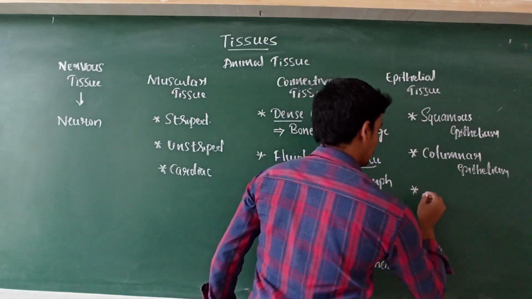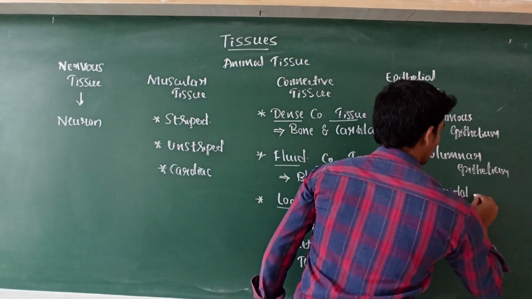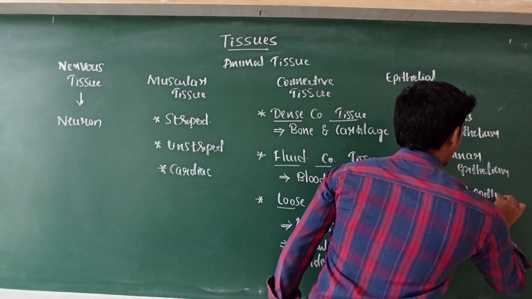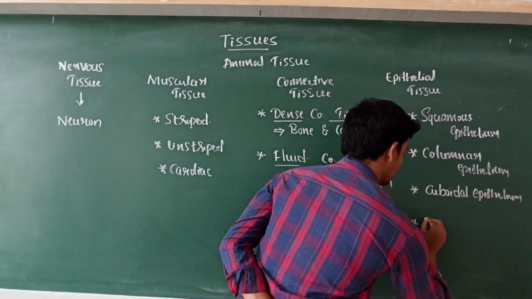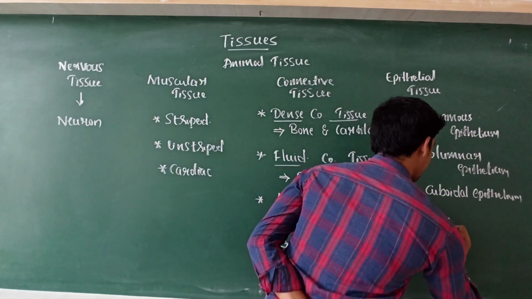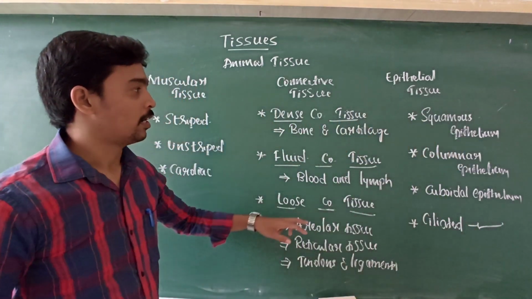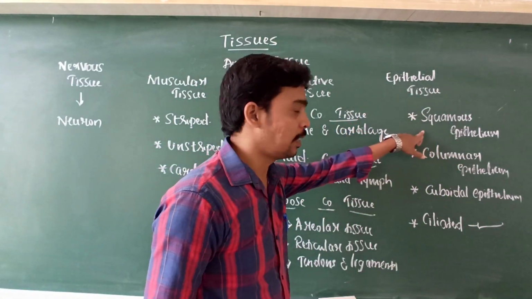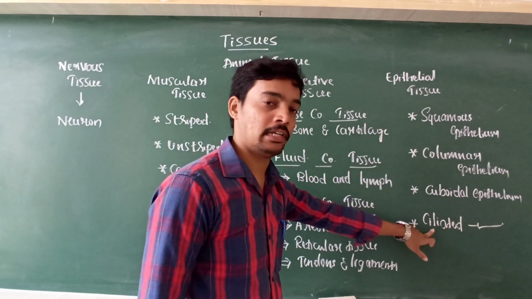Next, cuboidal epithelium, and the last one is ciliated epithelium. These are the types of epithelial tissue: squamous, columnar, cuboidal, and ciliated epithelium.